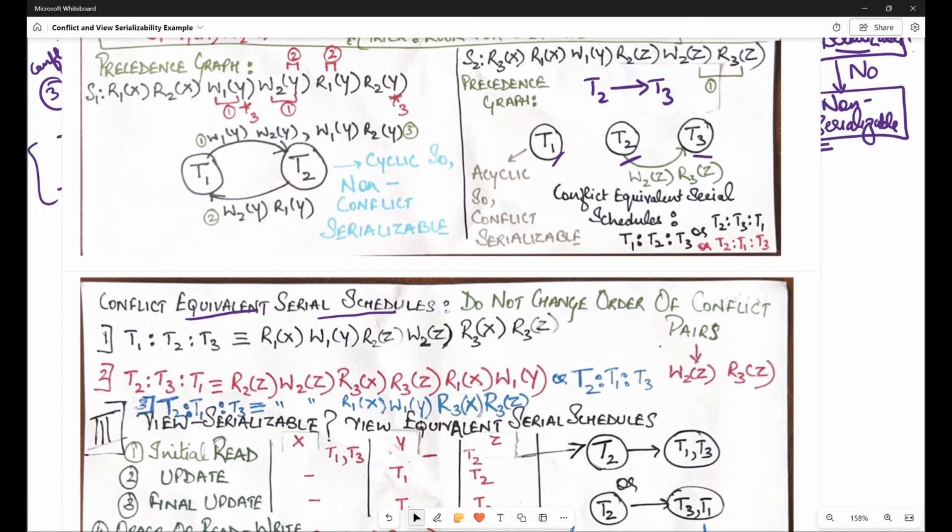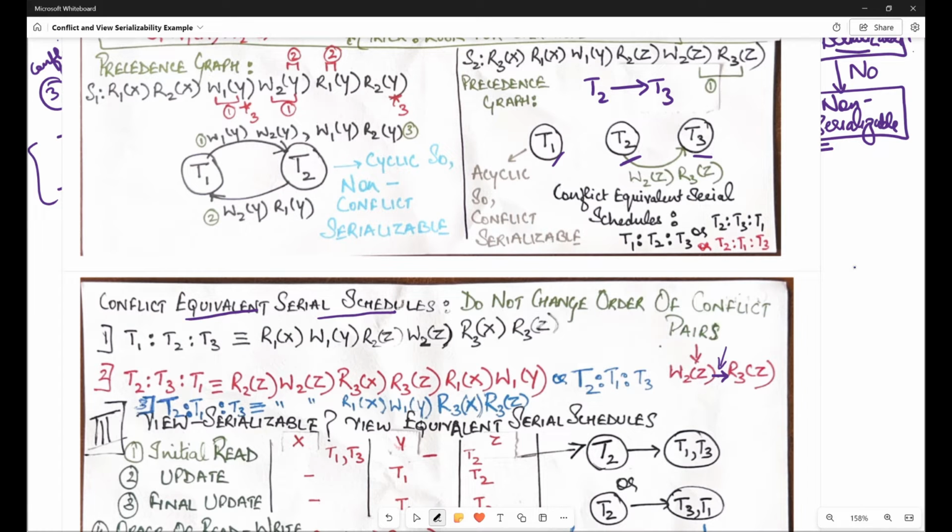How many conflict pairs do we have? Only one. So we just need to make sure that W2Z always occurs before R3Z. It's not necessary that R3Z should occur immediately after W2Z. There can be many operations between these two operations, but the order should be maintained.